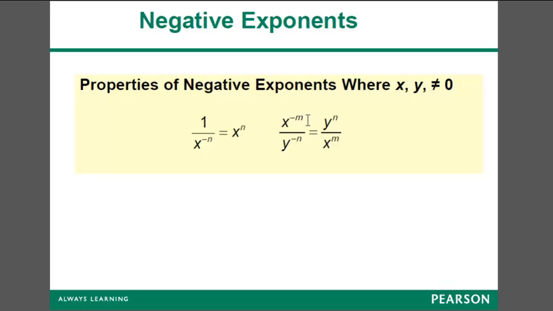Here I have x to the negative m divided by y to the negative n. My x is in the numerator with a negative exponent, therefore it becomes in the denominator. My y is in the denominator with a negative exponent, so we move it to the numerator. These are the rules of exponents that we will be using the rest of the semester.